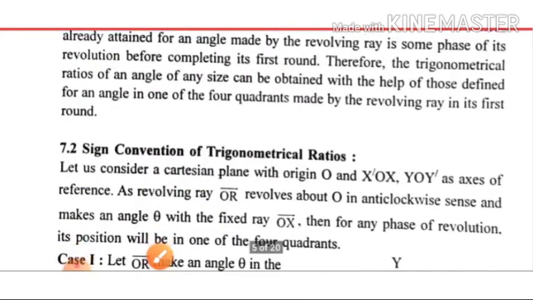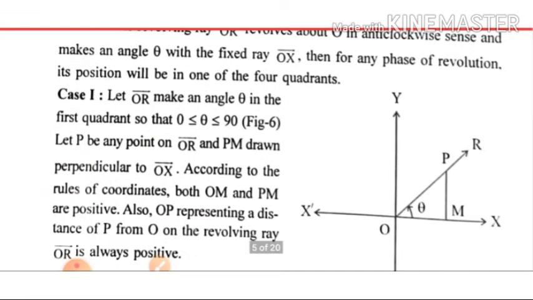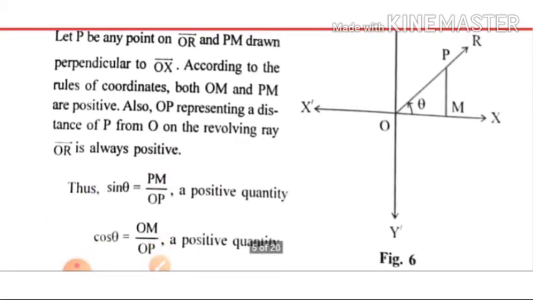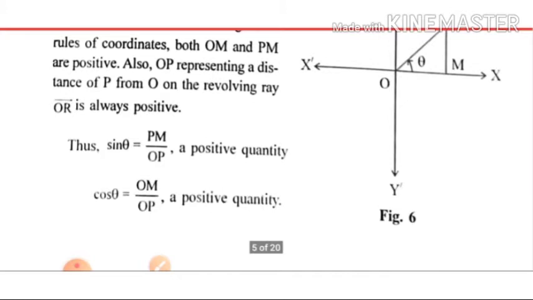Now here we'll be dealing with angles greater than 90, greater than 180, greater than 270 and less than 360. That means we'll learn what the values of different trigonometric ratios will be when falling in different quadrants.